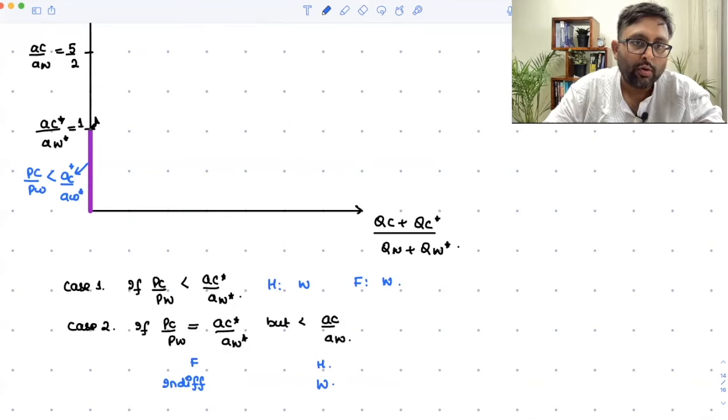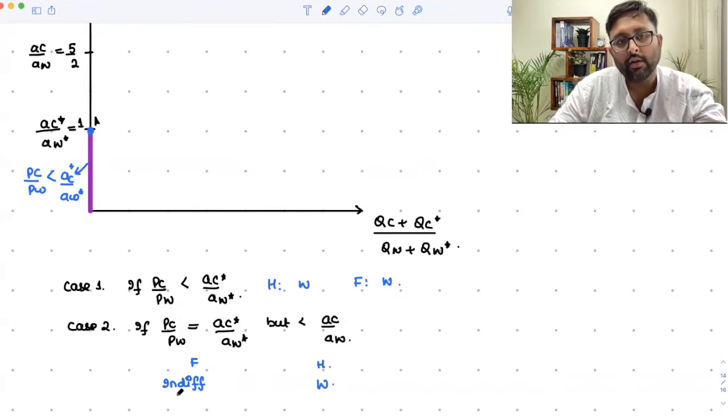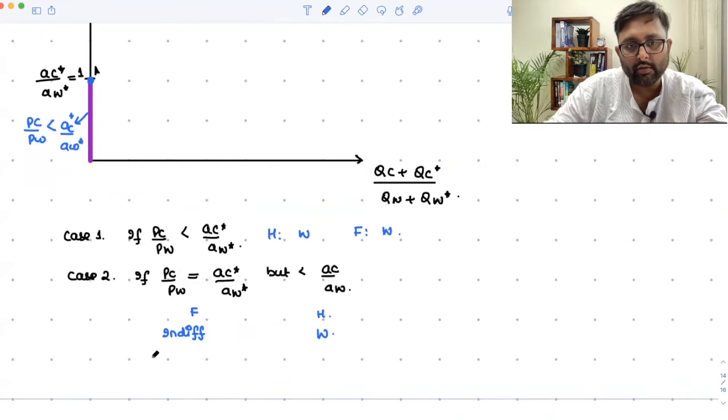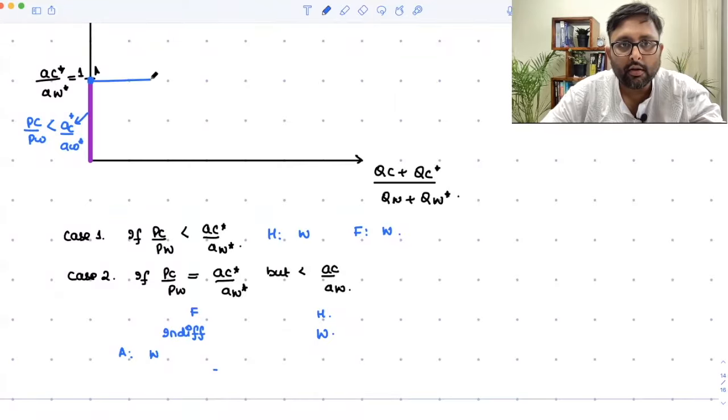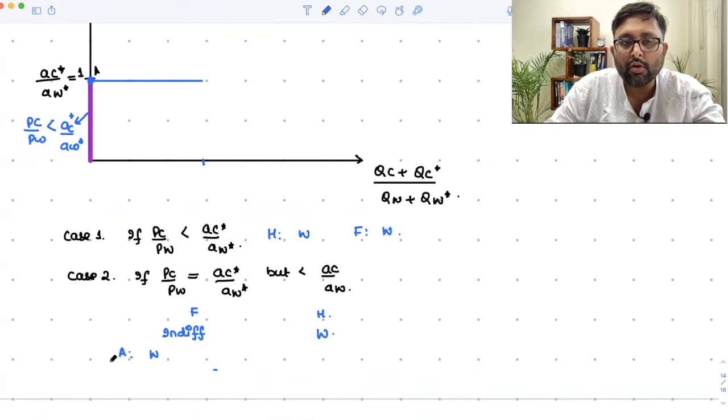So even here when it is indifferent, if foreign is producing only wine, then the foreign country is sitting at A. But this can also happen: the foreign country might say at this particular point that I will be producing all cheese only.